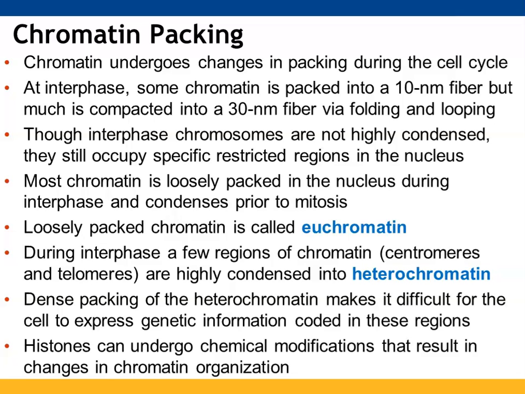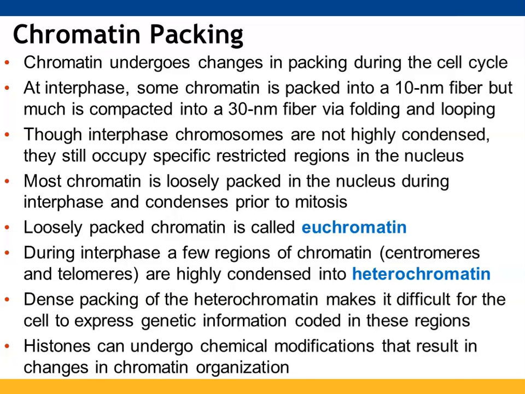So chromatin is able to undergo packing changes during your cell cycle. In interphase, you have some of it packed into a 10 nanometer fiber, but then it gets compacted into a 30 nanometer fiber via lots of folding and looping. Although the chromosomes are not highly condensed in interphase, they are typically found in certain regions within your nucleus.